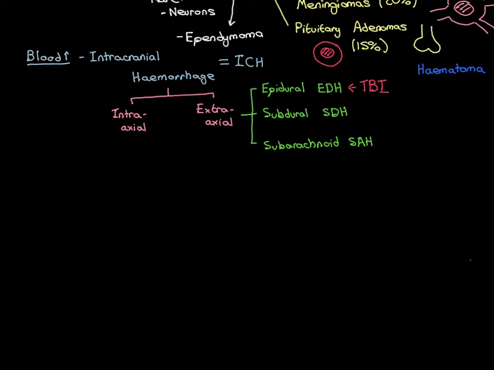Well, it's unlikely that if you have a very big epidural hematoma that it's going to go away on its own. So sometimes it requires surgical removal. So what you have to do is remove a piece of the skull bone, and that's called a craniotomy, where you open up the skull.